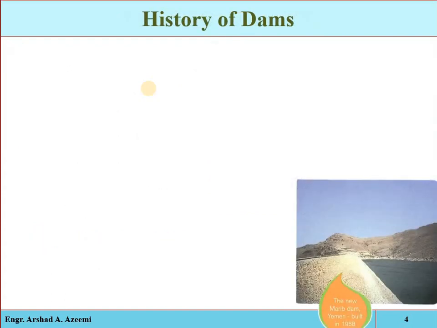So let's see from where the concept of the dam came into existence. Later on we will discuss different types of dam structures, but remember, the first concept which was developed was the gravity dam. From the name it is clear, and we also discussed it in the weir chapter: any structure which balances the destabilizing forces by its own weight is called a gravity structure.